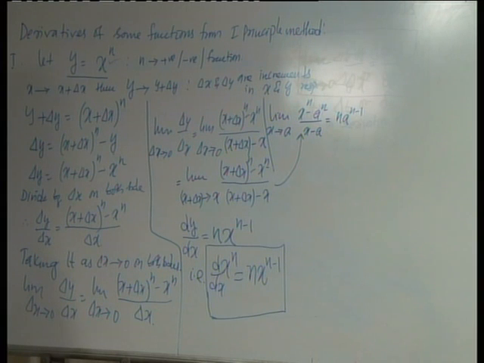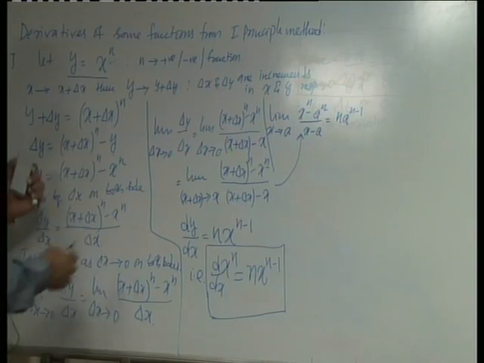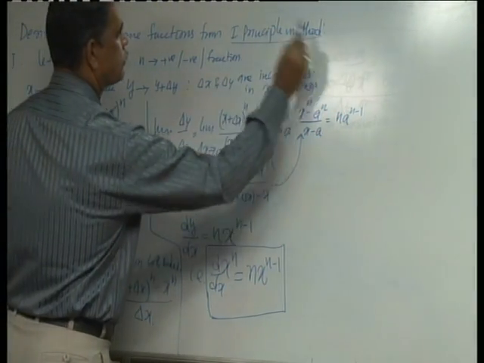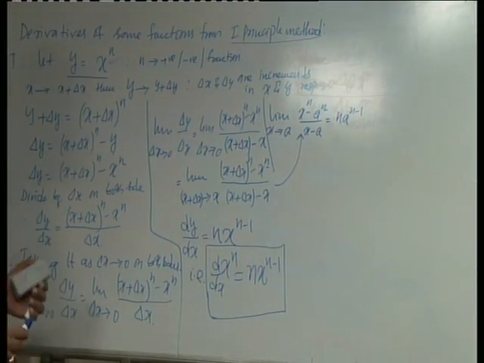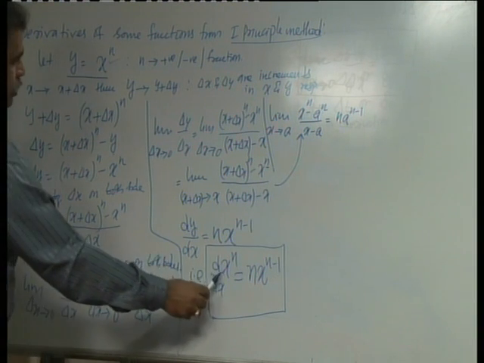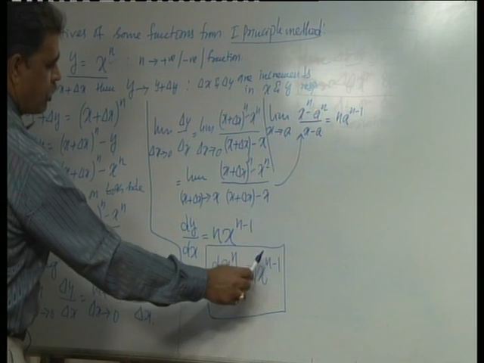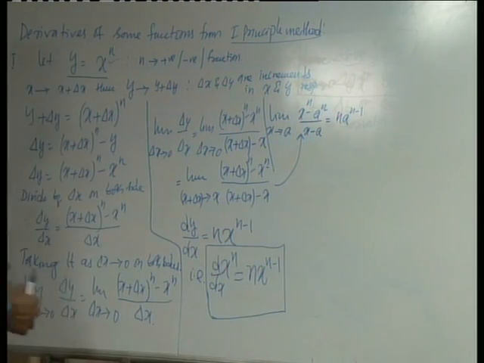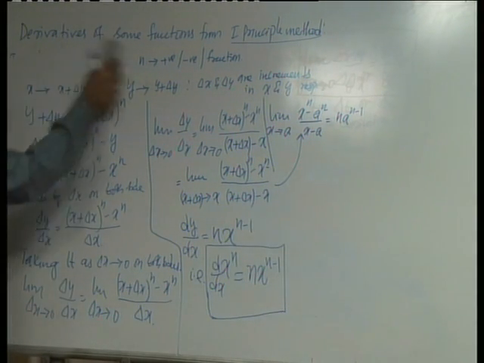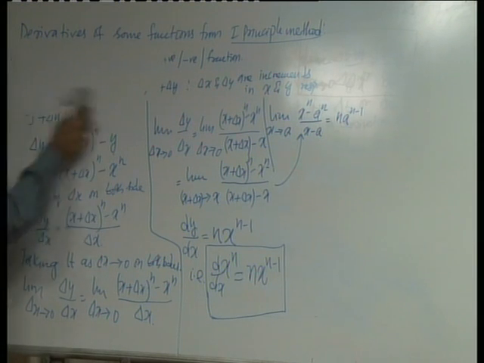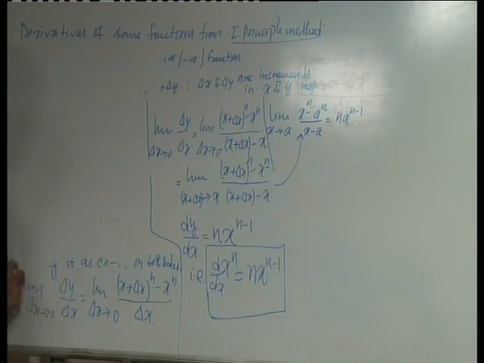To get the derivative of a function, we have to follow certain steps. This is called the first principle method. X to the power of n, whose derivative is n into x to the power of n minus 1. Take an example for this, this is very important.